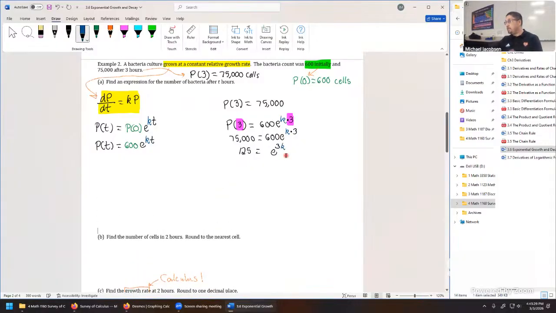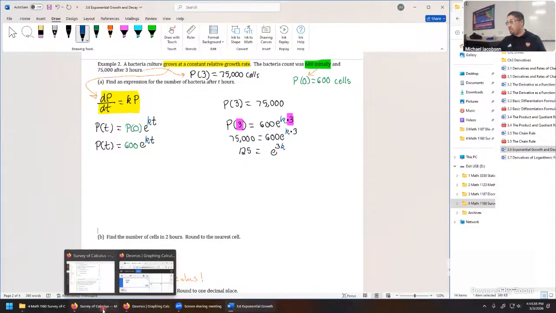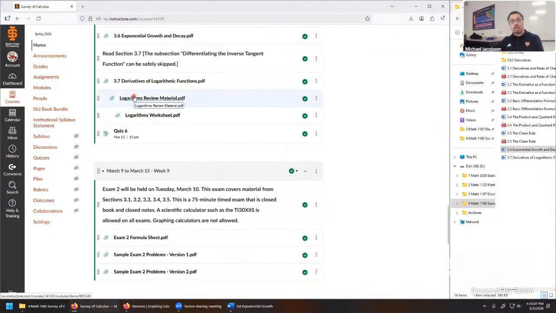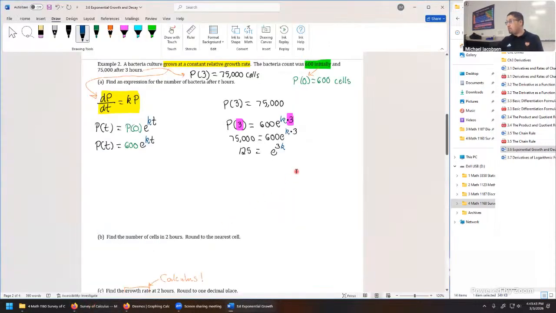Once we get here, the next step is we're going to use properties of logarithms. Again, just another call out to those notes. Down below are a couple worksheets or review material and then a worksheet on properties of logarithms. And I'll cite those properties as we use them, much like how we were reviewing the exponent laws back in the day in prior sections.